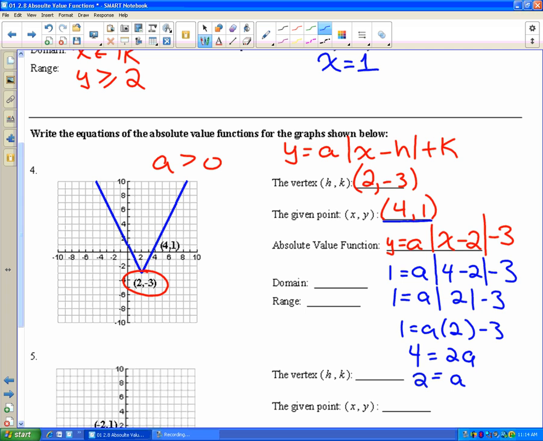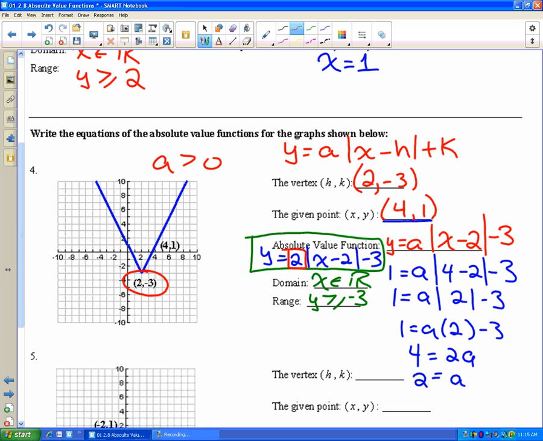So my function is y is equal to 2 times the absolute value of x minus 2, minus 3. My domain, as always, x is an element of all real numbers. My range is y, since it's facing up, is greater than or equal to my y coordinate, which is negative 3.